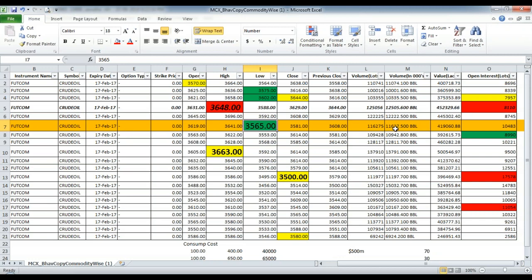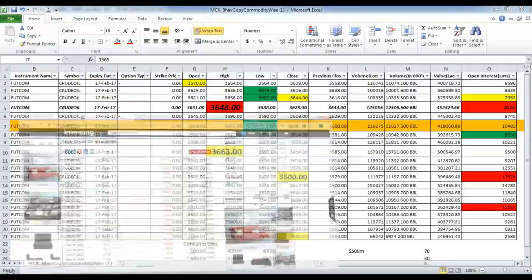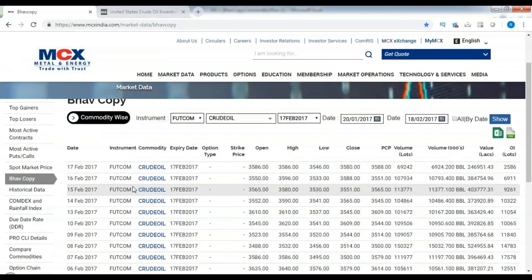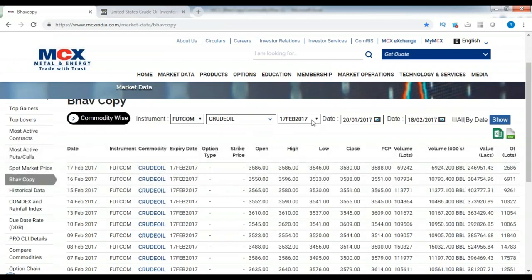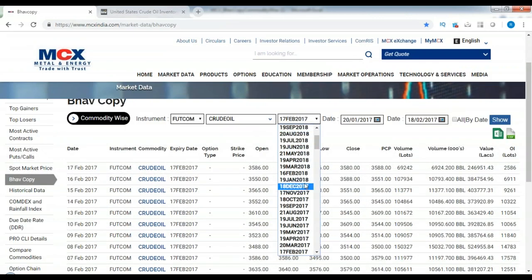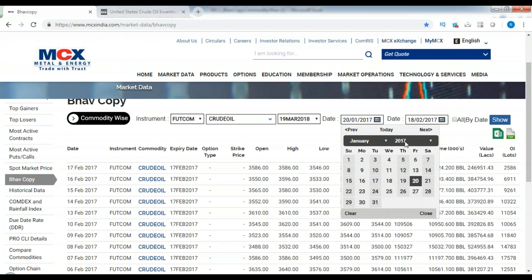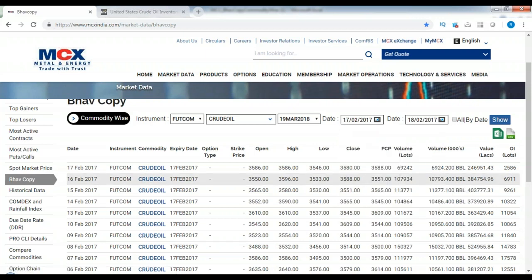March contract basically. So when does the March contract start? So this is February, March. So this is March. So it will start on 17th of February, somewhere over here, right?